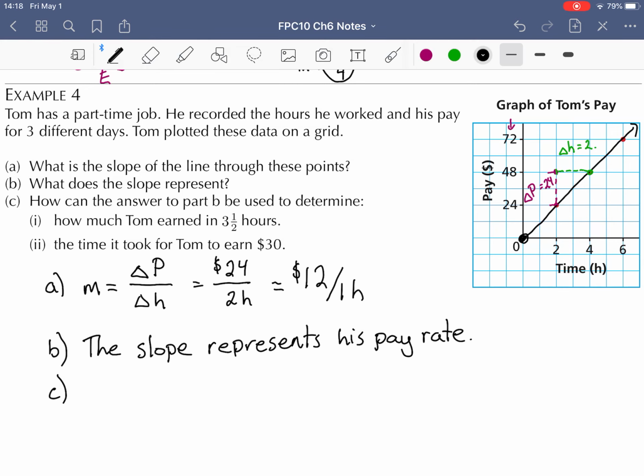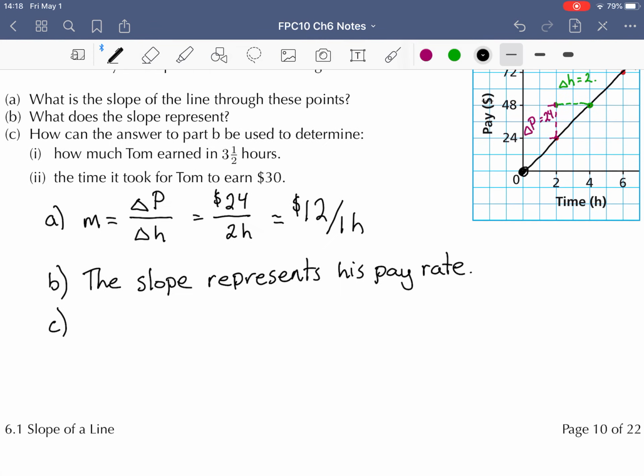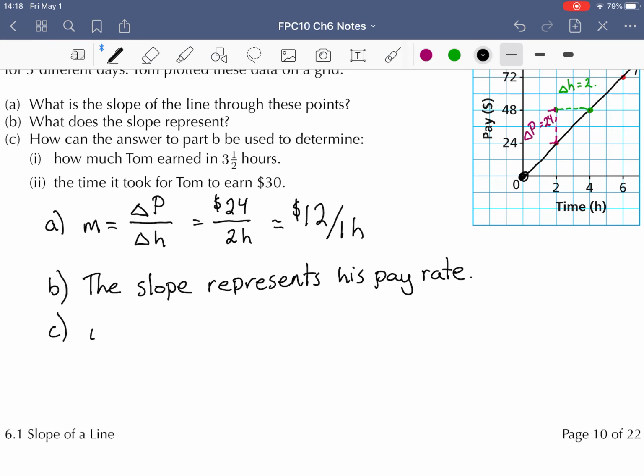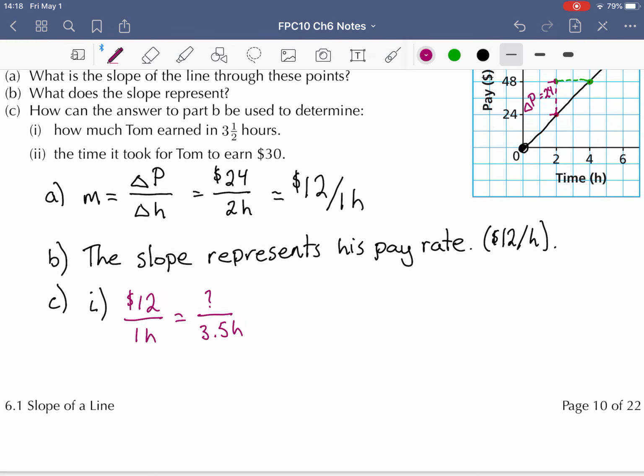Letter C. How can the answer in part B be used to determine how much Tom earned in 3.5 hours? Well, it's $12 per hour. So if he earns $12 in 1 hour, how many dollars is he going to earn in 3.5 hours?